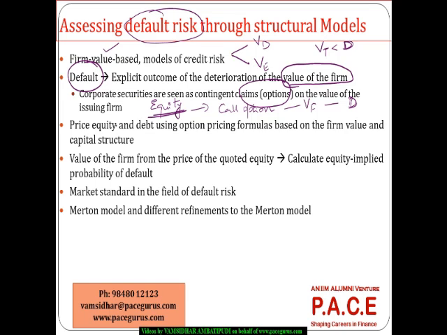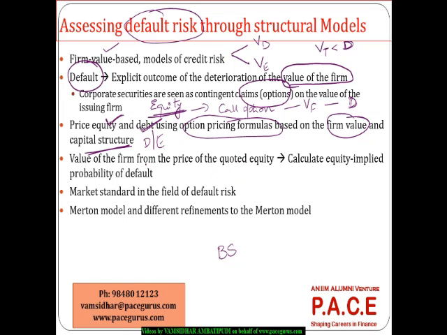We are using the typical option pricing formula, which is the Black-Scholes formula, to price equity and debt using this kind of a model. So to find out the worth of the equity, the worth of the debt, we are simply using the option pricing formulas, once I know the firm value as well as the capital structure, which is the debt to equity ratio.